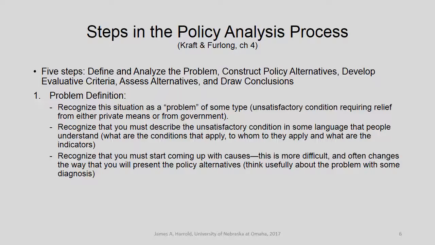Because we believe it might reduce vagrancy among children or vandalism. So we have to start coming up with indicators of what kinds of things would solve this unsatisfactory condition. And then we might start talking about cause and effect even at this early stage in problem definition. So in your policy analysis process, you have to define the problem.